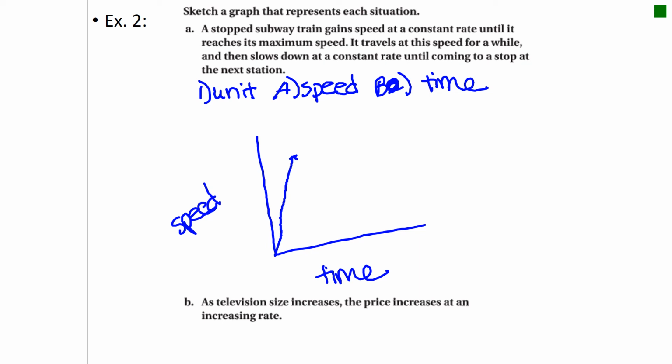Then it travels at that speed for a while, so I'm going to try and make a straight line. Sorry, my graph is slightly curved. Then it slows down until it comes to a stop. There we go. That's all I've got to be able to do.